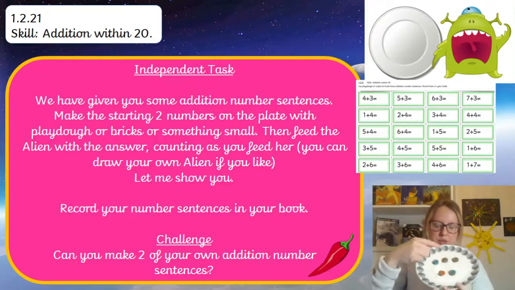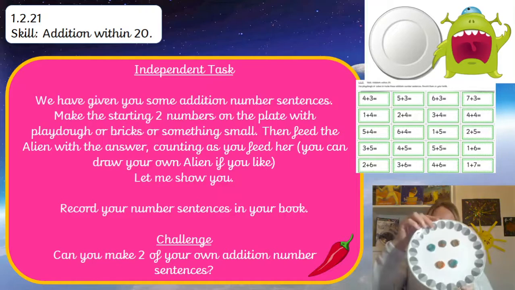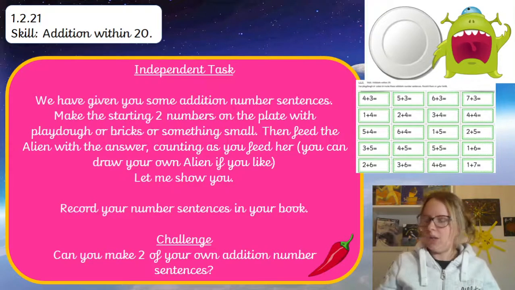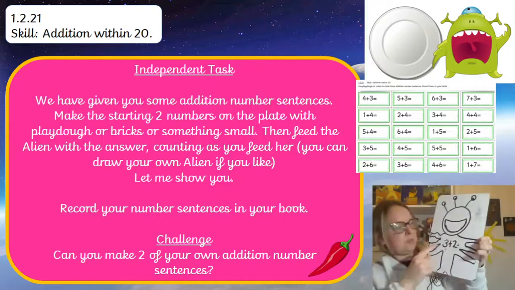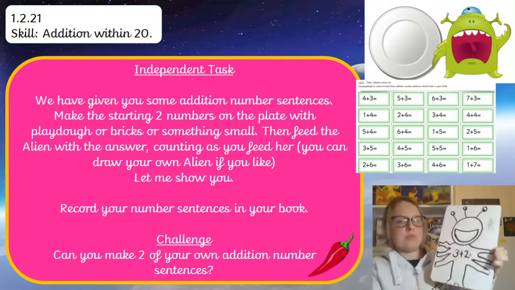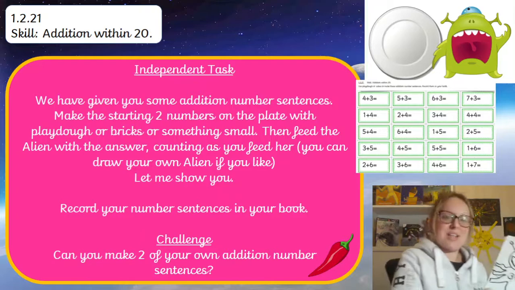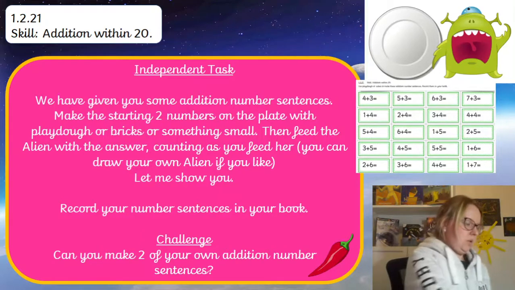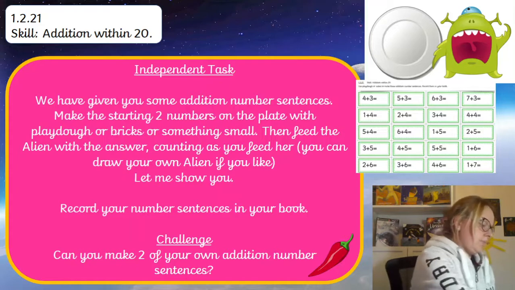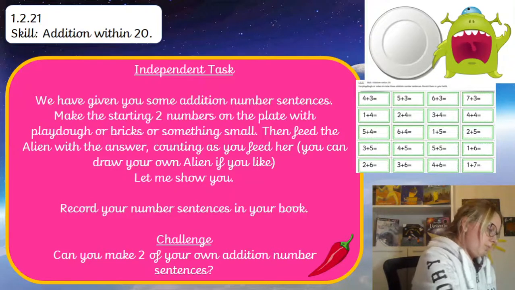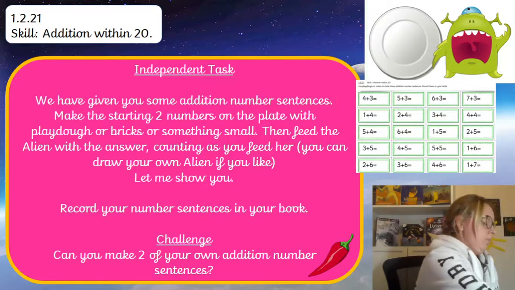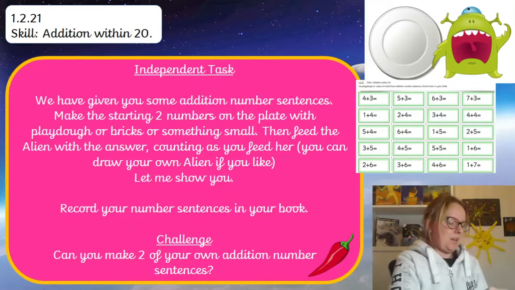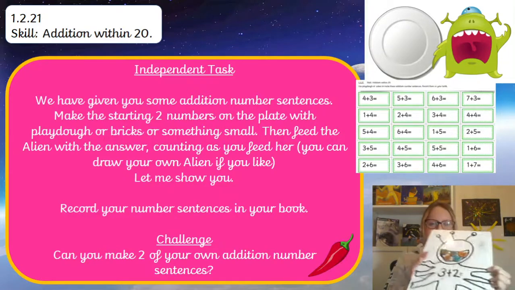So I've got my 3 and my 2. Now I know that I have both of my numbers in my number sentence. I can feed them to my alien and see how many there are all together. So I'm going to feed him his food. And now I can count them all together.